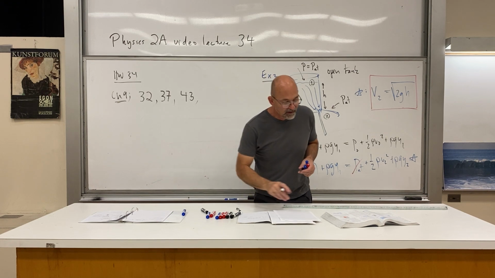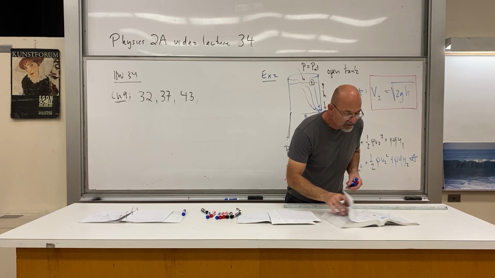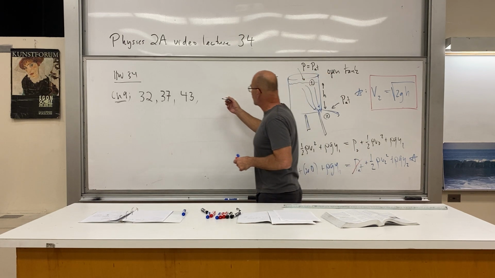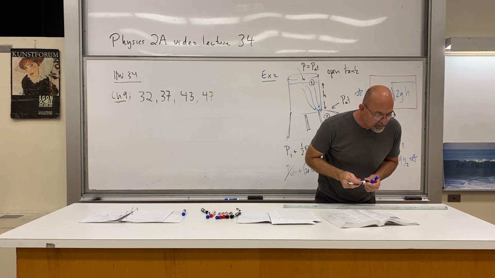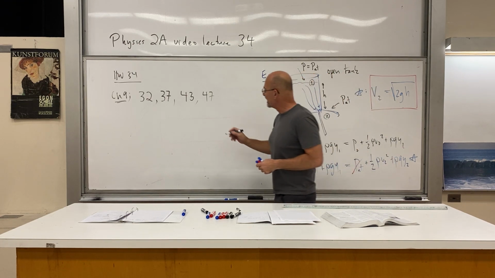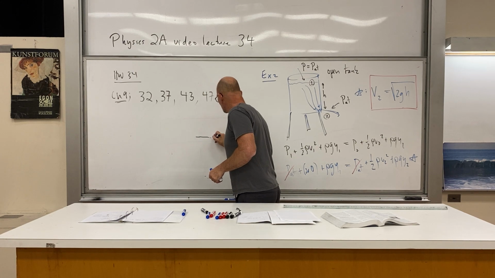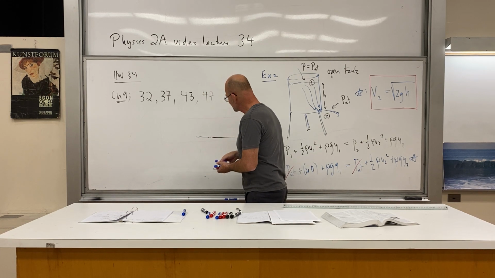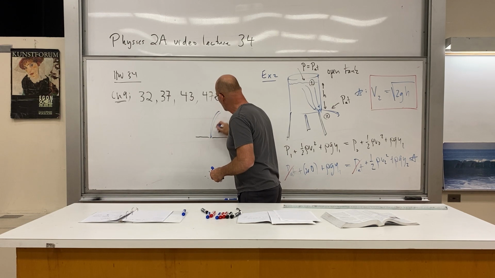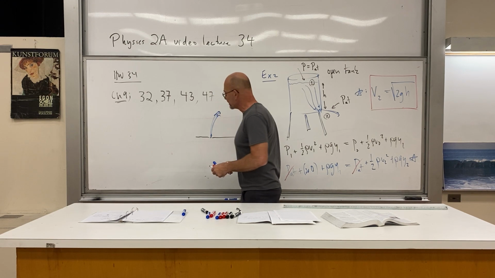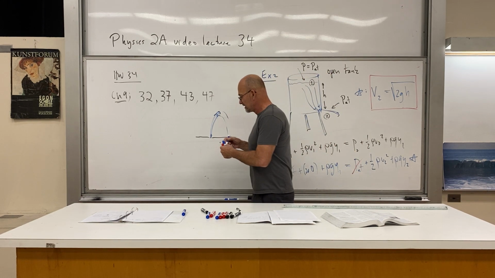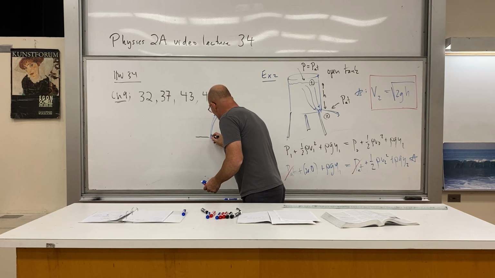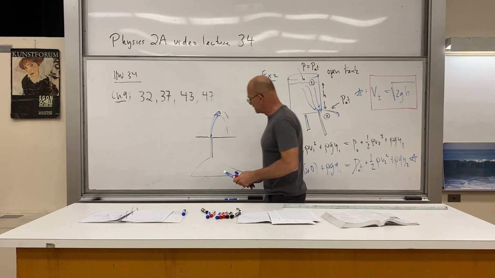And finally, 47 I should say a little bit more about. 47 is the geyser problem. So the idea is that we have the ground level, and there's a geyser, Old Faithful, over in Yellowstone, that shoots water up in the air. What they're saying is the geyser is a tube connected to some big cavern underground.